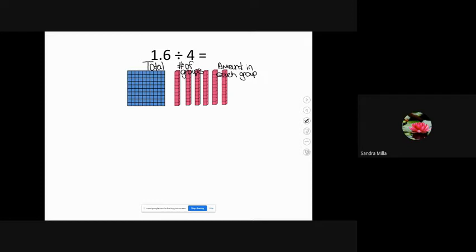So that's what we're going to be doing with our 1 whole. And I want you to look at your numbers and see the relationship that you have between your dividend and your divisor without the decimal point and the zeros, so that you're able to see the relationship and what is going on between those 2 numbers.